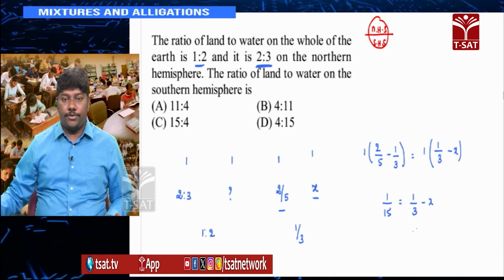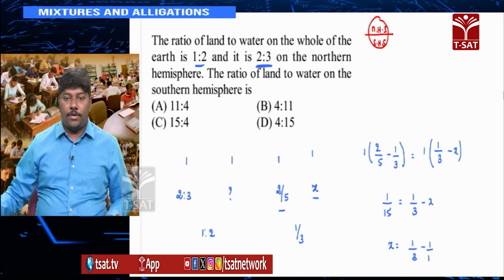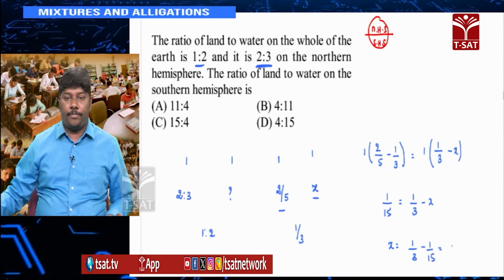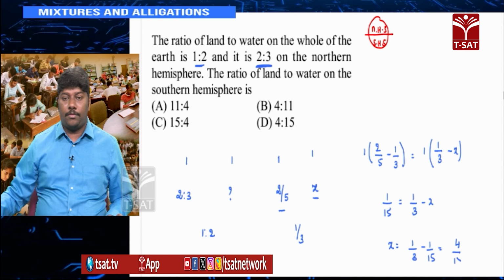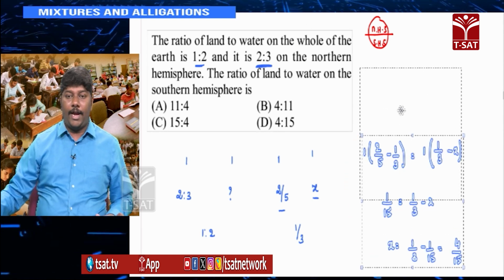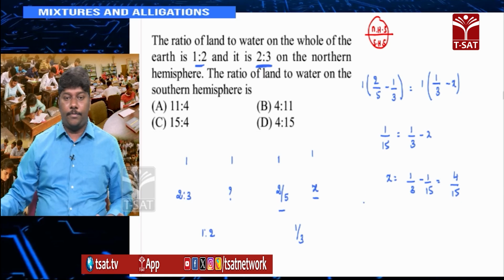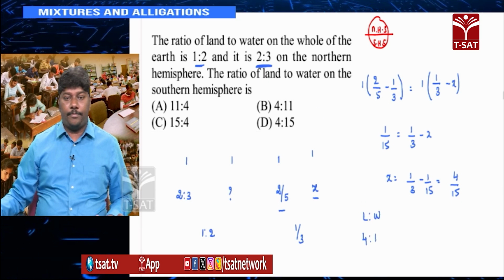So x is equal to 1 by 3 minus 1 by 15, which is 4 out of 15. So if land is 4 out of 15, then what is water? Land to water is 4 out of 11.